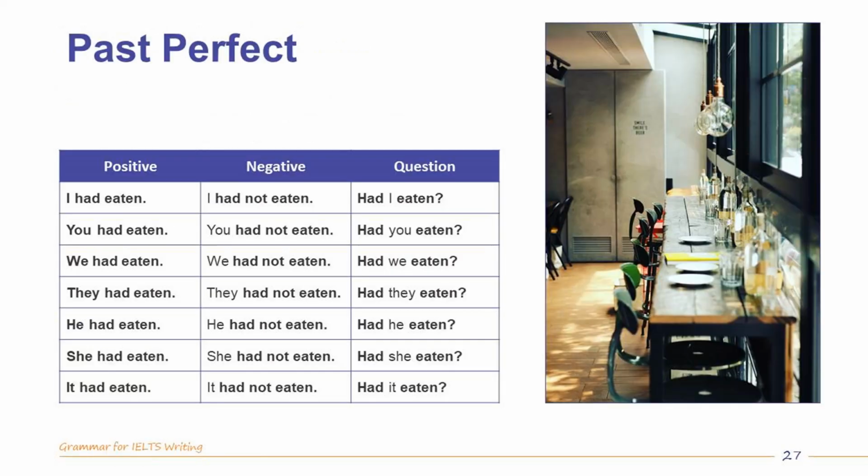While the present perfect uses has or have, the past perfect simply uses had with the past participle of the main verb. Let's look at an example using the verb to eat. I had eaten. I had not eaten. Had I eaten? And so on.